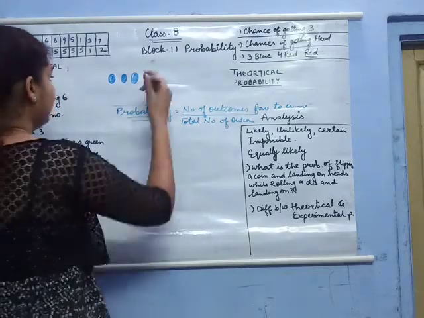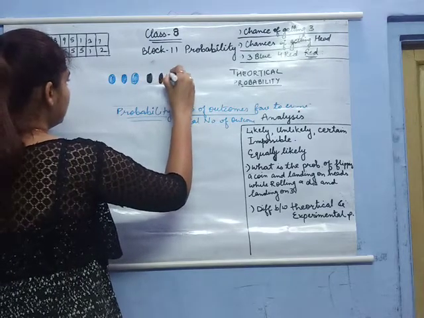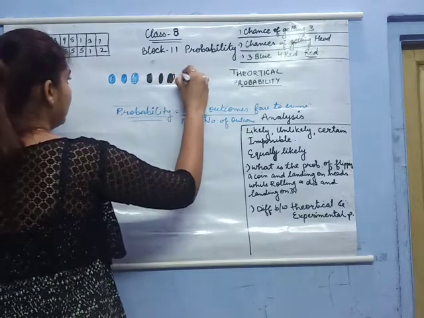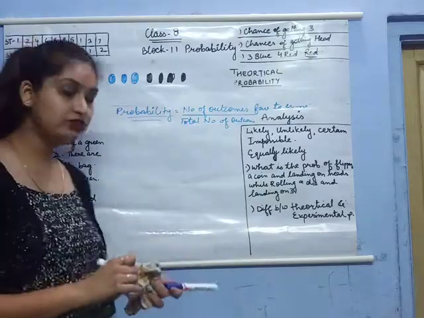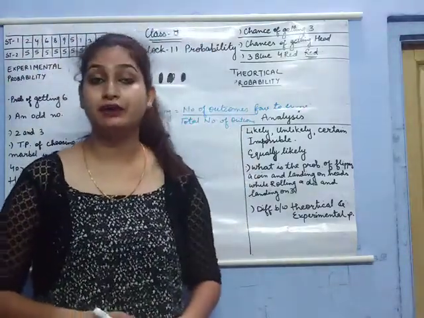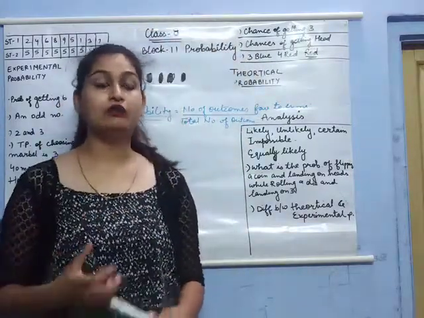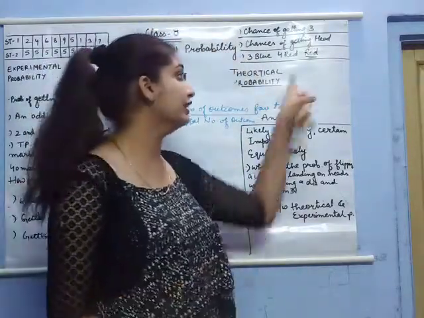See, 3 blue balls and 4 red balls. What is the probability to get a red ball if you pick out one ball from that bag?